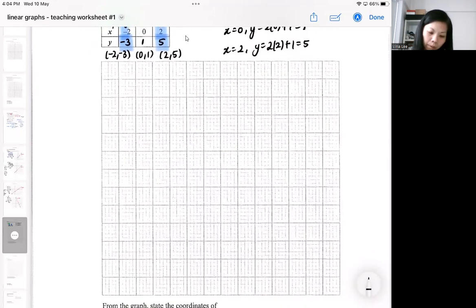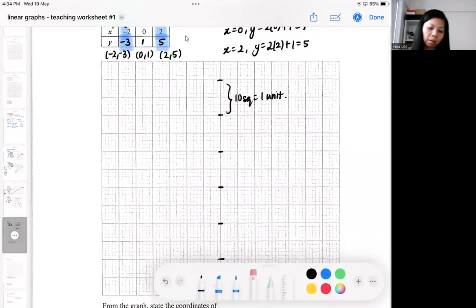So you've got to draw in such a way that you make sure you count. I'm going to count a bit first. 5, 4, 3, 2, 1, -1, -2. I'm trying to use 10 squares for 1 unit. But if I do that, I realize that I don't have enough.